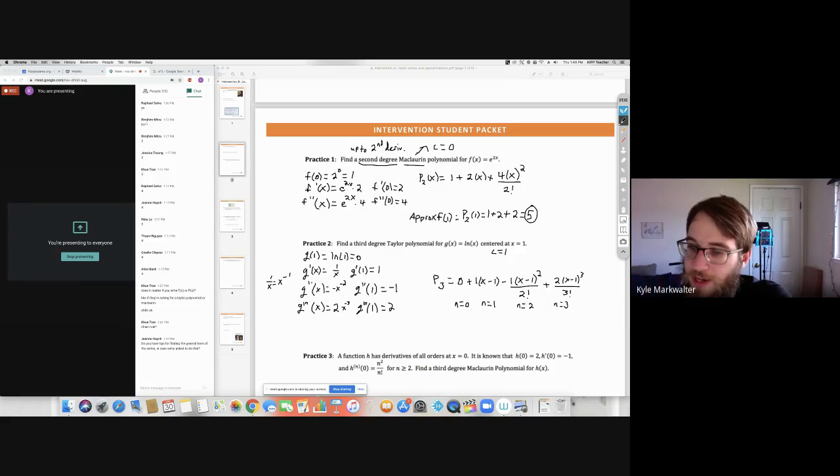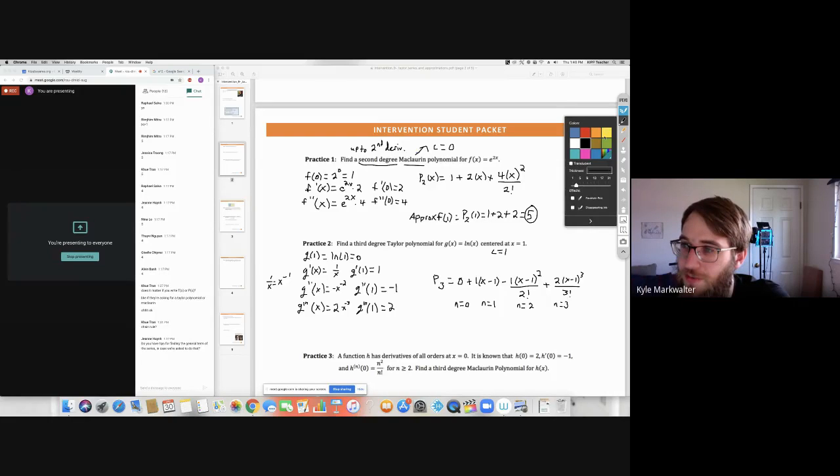I'm going to write in red here because sometimes it helps to go up to n equals 4 or 5 to be able to see the pattern until you get really good at these.